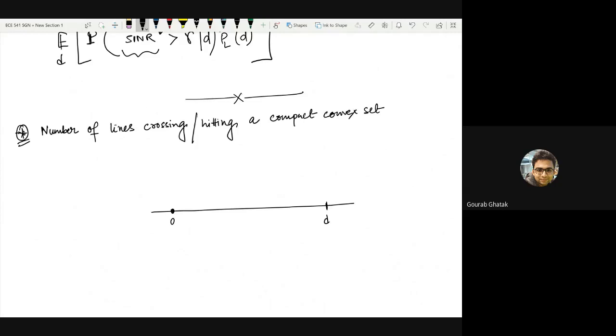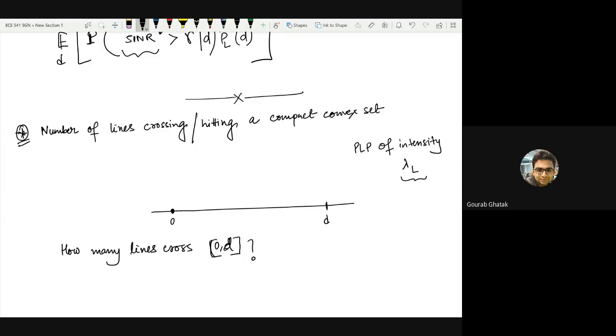What I am interested in is how many lines cross 0 to D. We have a PLP of intensity lambda L. By the way, remember that lambda L is the intensity of the Poisson point process of the half cylinder points distributed in the psi D plane, if you remember the previous class.